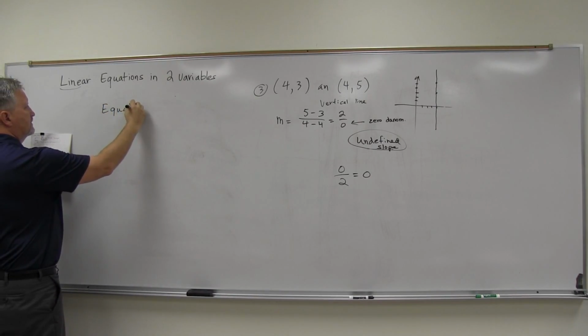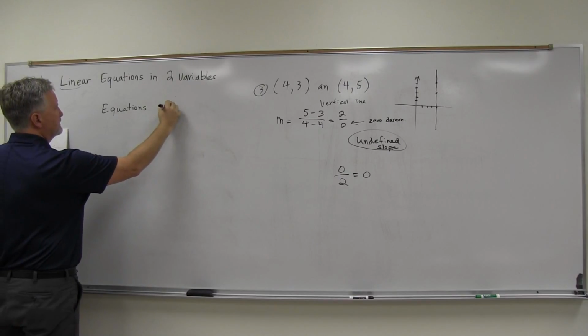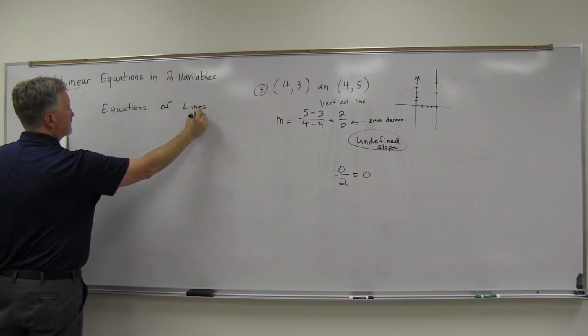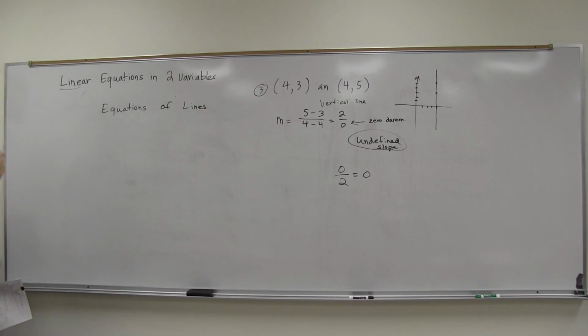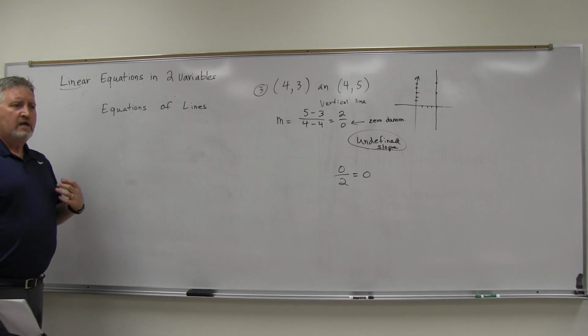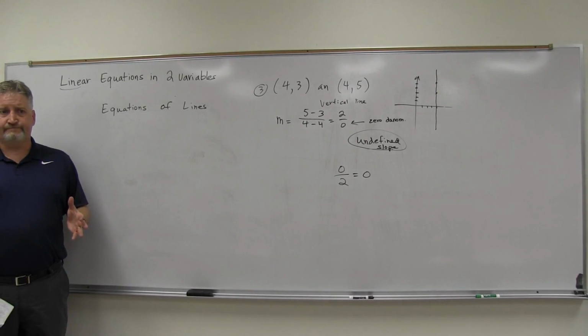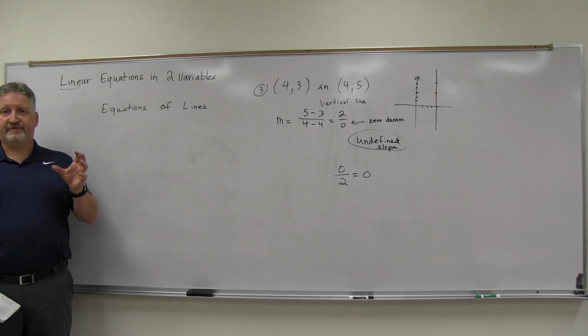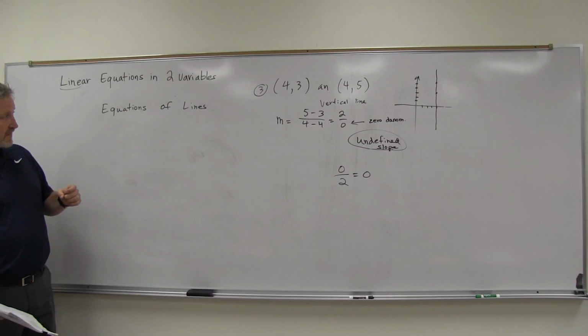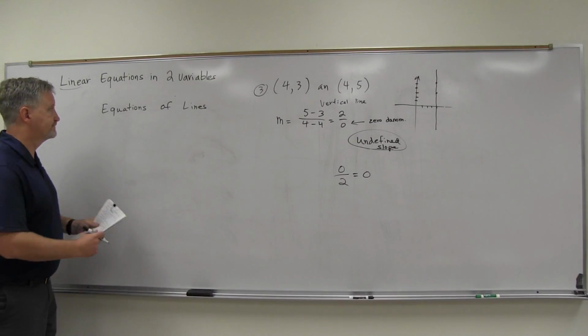Okay, so let's talk about the equations of lines. We looked at 3 examples of linear equations. Well, it turns out that equations of lines have many forms. I like to focus on one form, and that is the slope-intercept form.